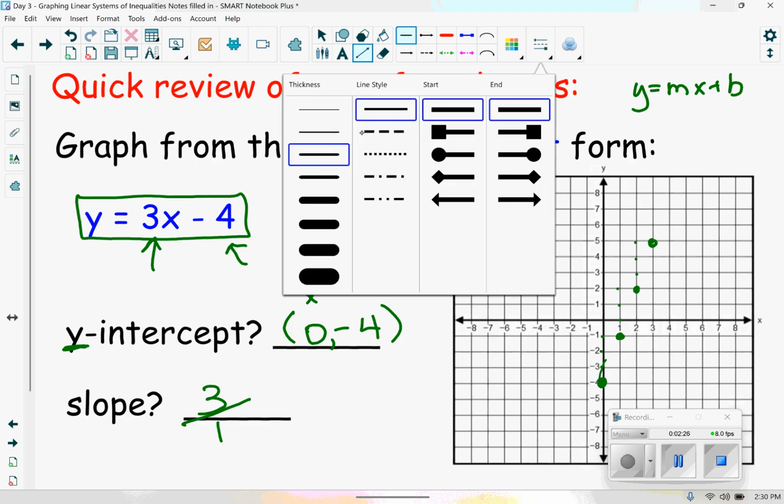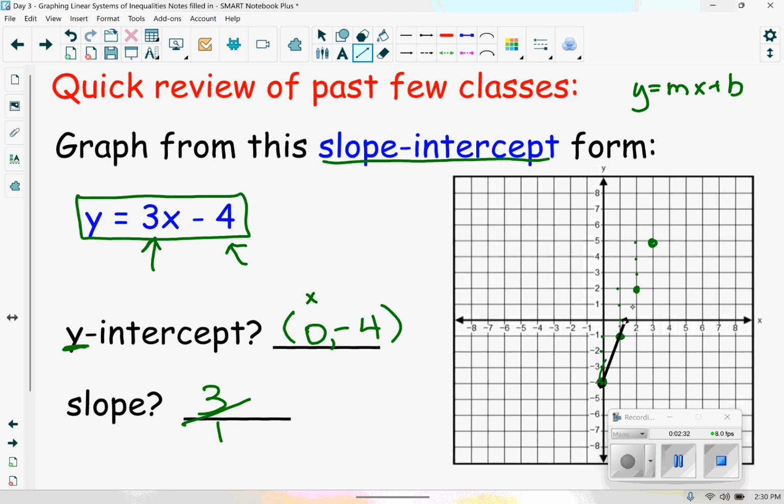I want arrows on both ends. So it's going to go through there, and it's going to continue forever and ever, with arrows on both ends. So that was when we graphed from y equals mx plus b, the slope-intercept form.